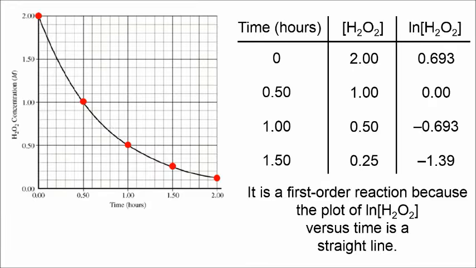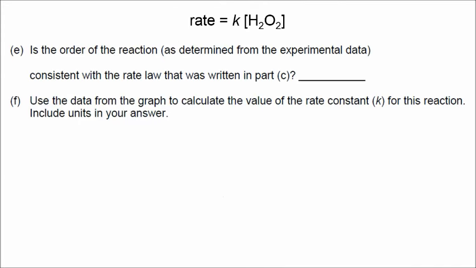So you would get a straight line if you plotted natural log of concentration versus time. That could be another way to justify why it is first order. So because we know that the rate law was first order, and we just got that information from the experimental data, yes, the order of the reaction was consistent with that rate law, which was written from the mechanism.